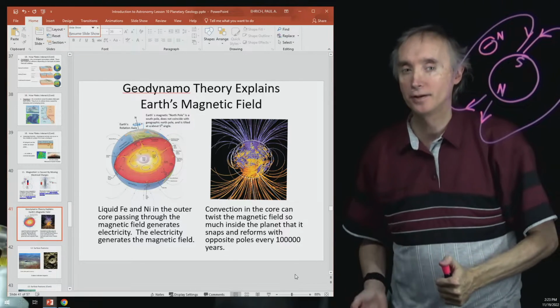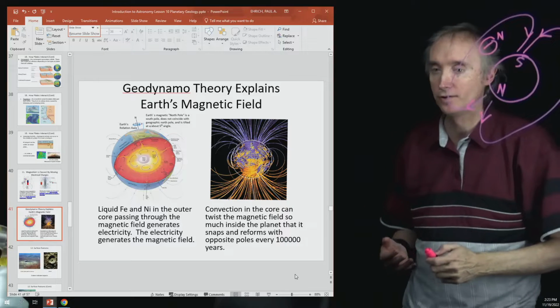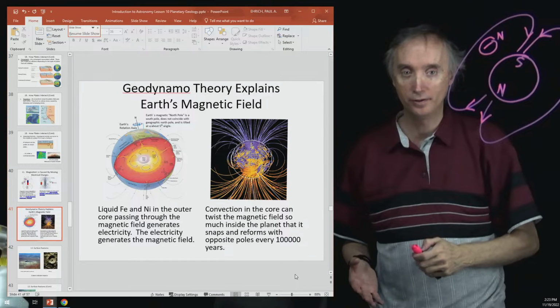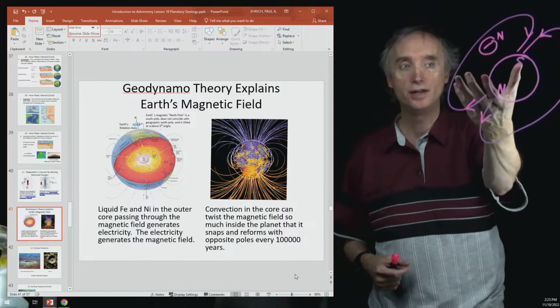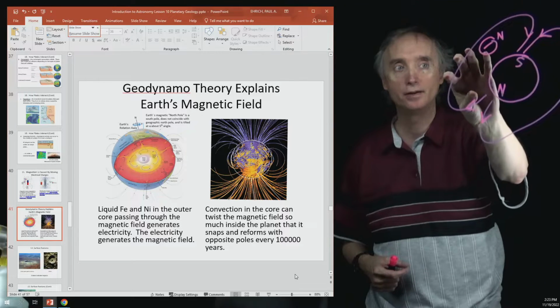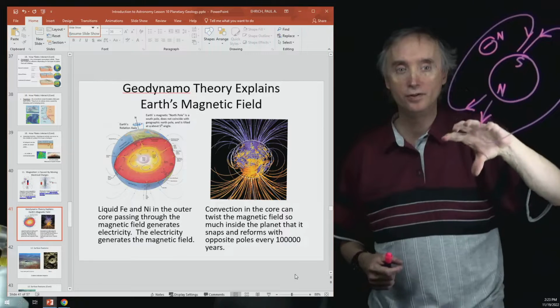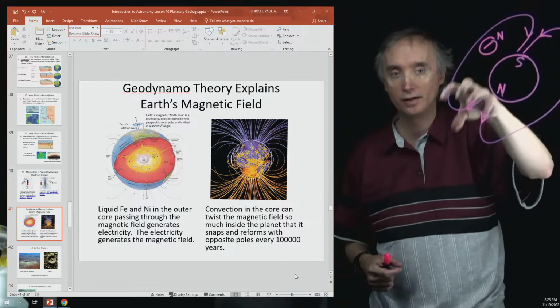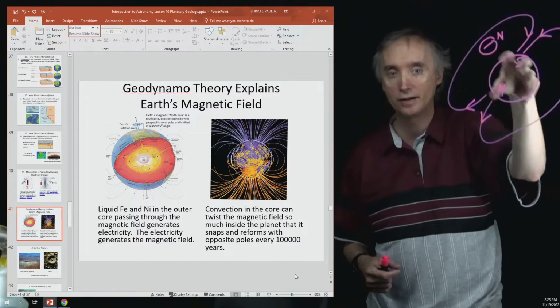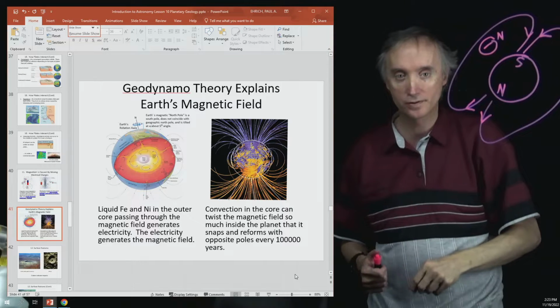And it's more complicated than that because it's really called a geodynamo theory, in which the metal is creating a magnetic field, and then the magnetic field that it's creating is making the electricity, which is making the magnetic field, which is making the electricity.